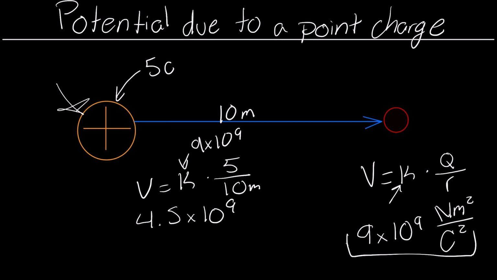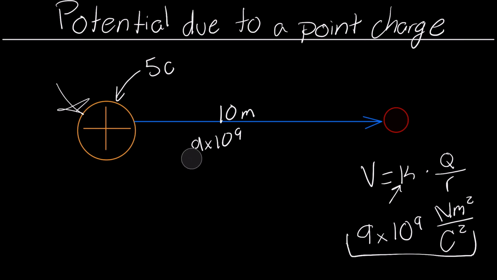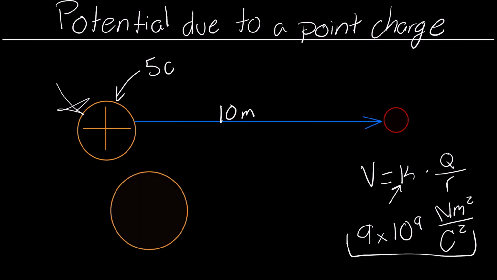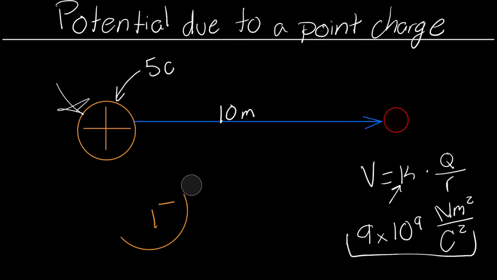Let me go ahead and erase this little procedure over here, and imagine that we have another charge. Imagine that we have a charge right over here, and once again, let's say that this is positive. Actually, that's just a little bit too big, let me erase that. So let's say we have another charge somewhere over here, a positive charge as well.